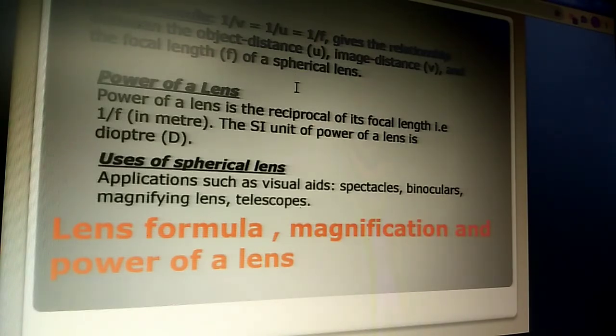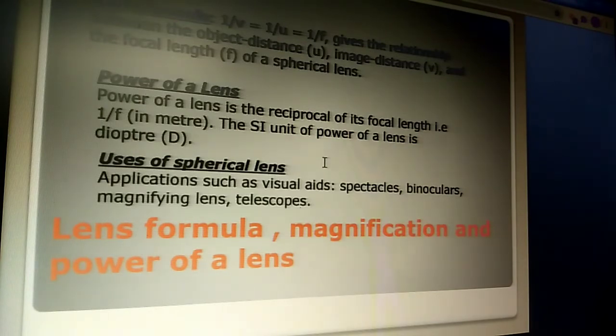Here it is v by u, or height of the image by height of the object. Now coming to the power of a lens. Power of a lens is the reciprocal of focal length, that is 1 by f in meters, so meter inverse. The SI unit of power is the diopter. 1 diopter is the power of a lens whose power is 1 meter inverse.